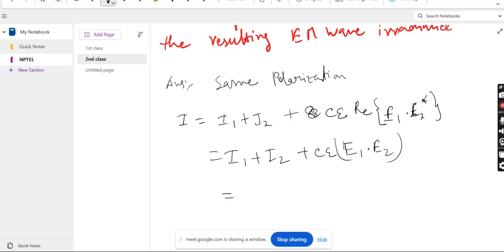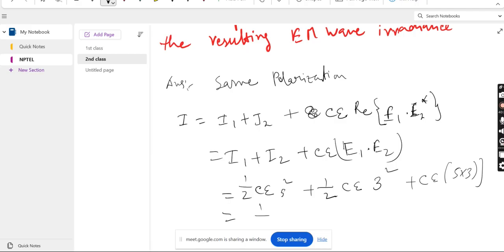So here I1 would be half of c epsilon 5 square plus half of c epsilon 3 square plus c epsilon 5 into 3. So it would be c epsilon times 25 plus 9, and this would be 15 c epsilon.